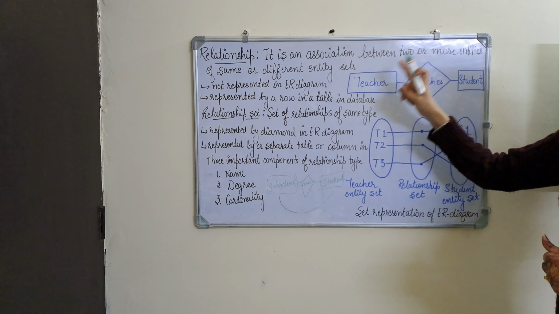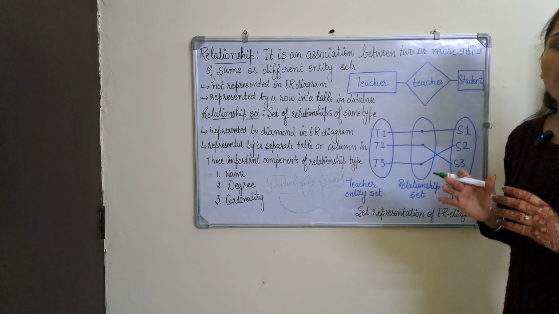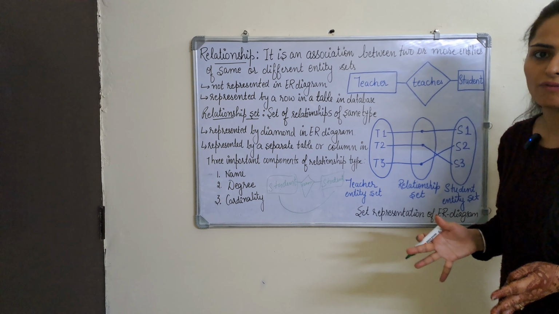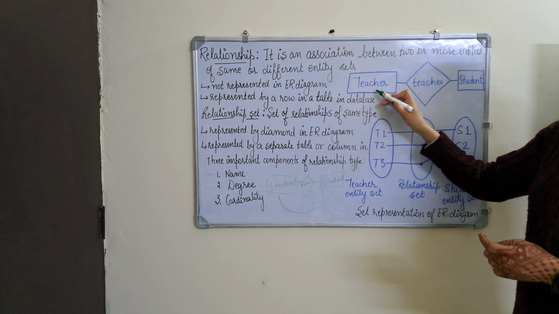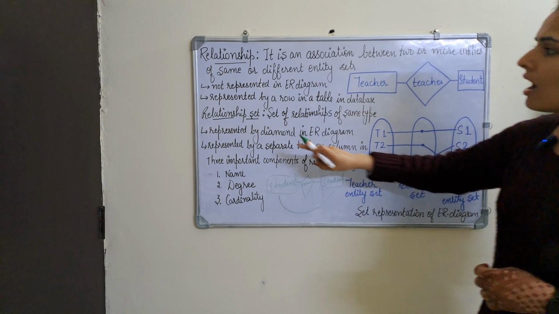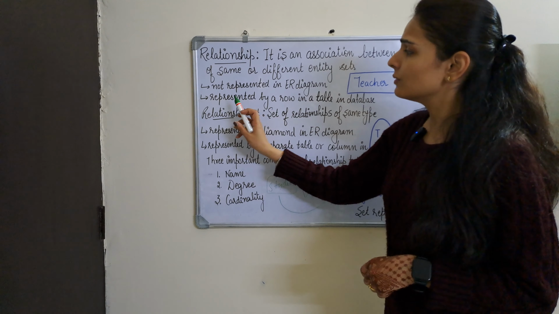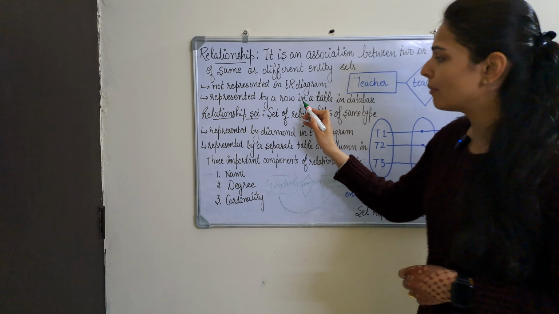So while showing the ER diagram, we need to have an understanding of the structure of the database, and so we use entity sets and relationship sets in the ER diagram. However, relationships are not represented in the ER diagram. Now, relationships in a database are represented by a row.